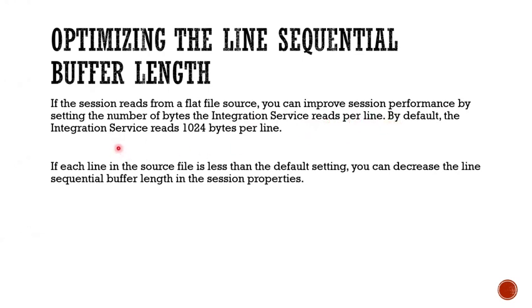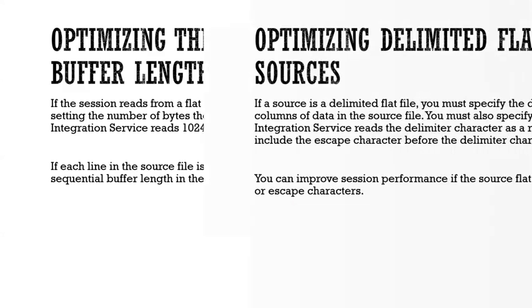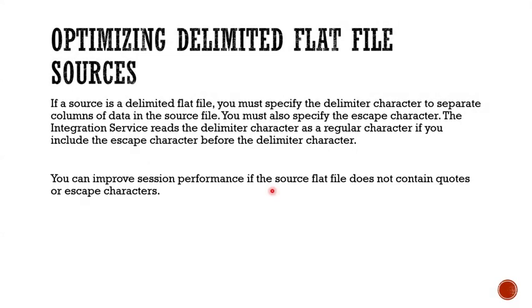By default, the Integration Service reads 1024 bytes per line. If each line in the source file is less than the default setting, you can decrease the line sequential buffer length in the session property. This setting you need to configure according to your requirement.